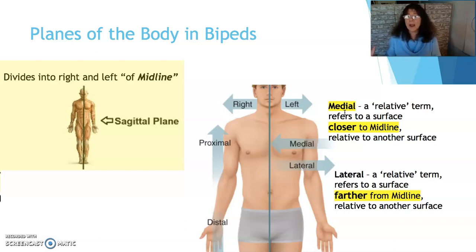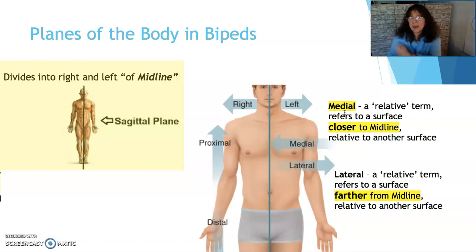And your hand out here, and comparing that to your lung, your lung is closer to medial, or your lung is medial to your arm, okay, closer to midline. When we think of lateral, we think of farther away from midline.